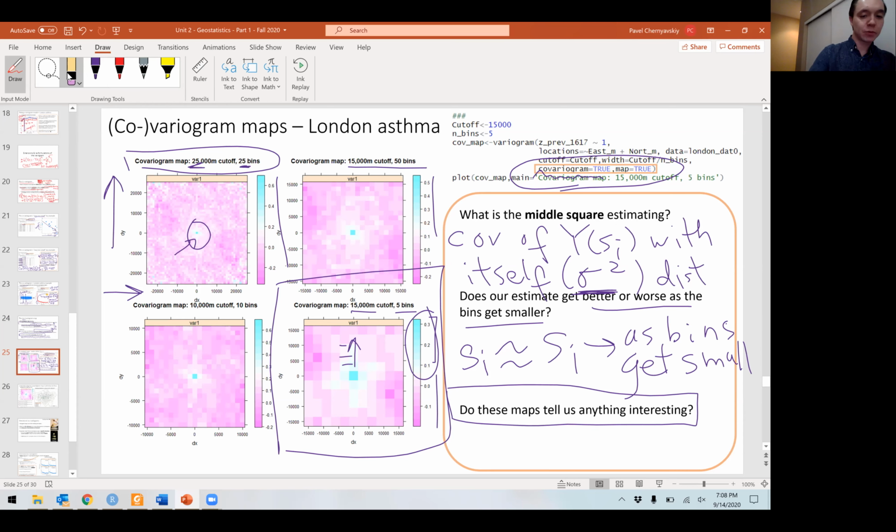Look at what happens as we go in a different direction, for example this direction, which is the northwest-southeast direction. We have to go a lot shorter distance for that covariance to go to 0.